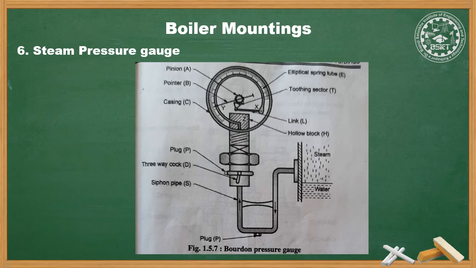The steam moves into the siphon pipe, and through the plug it moves inside the casing where the pointer moves on a scale to show the required pressure. The steam pressure gauge is basically used to measure the pressure inside the boiler.